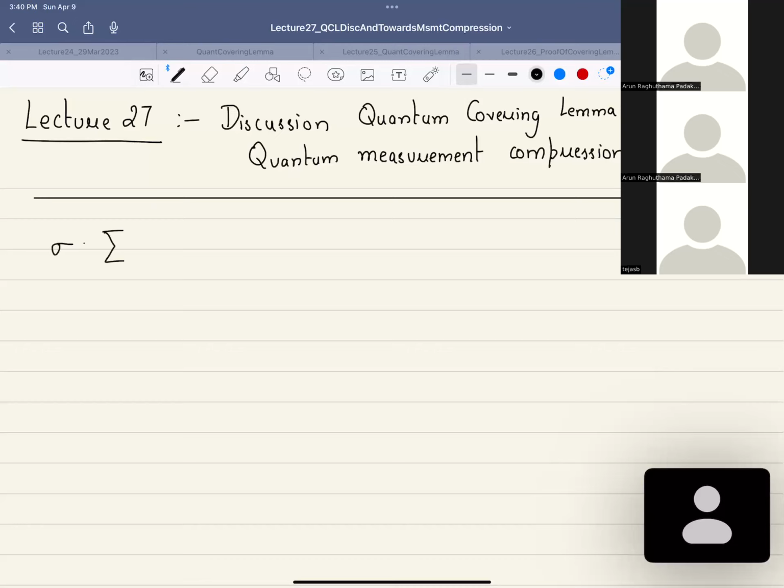So recall, sigma is essentially the sum of px of x rho x. Really, in the classical world, this is like py, this is like py given x, and this is the averaging over px of x.